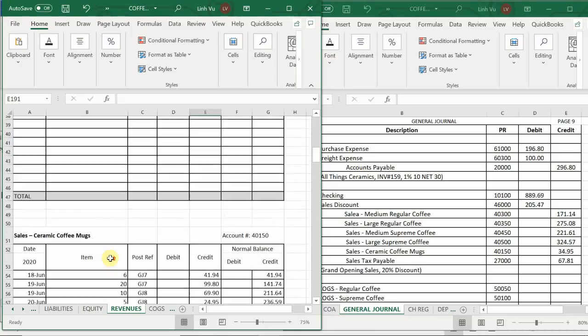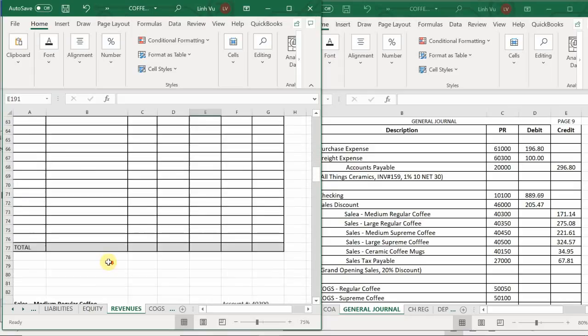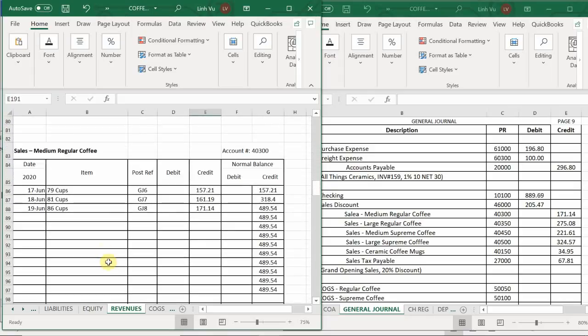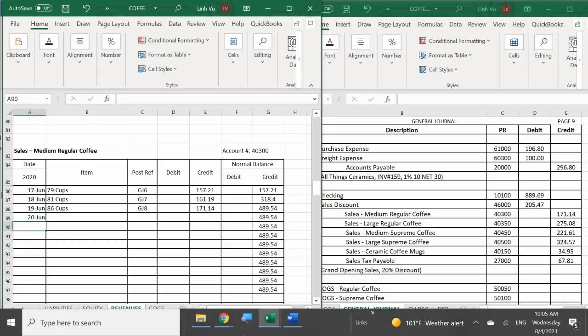You said 86 cups? 171.14. Yes, 86 cups. Okay. So for, you know, 170. Okay, go ahead. And then your normal balance on credit should be 660.68. Is that correct? Mm-hmm. Perfect.